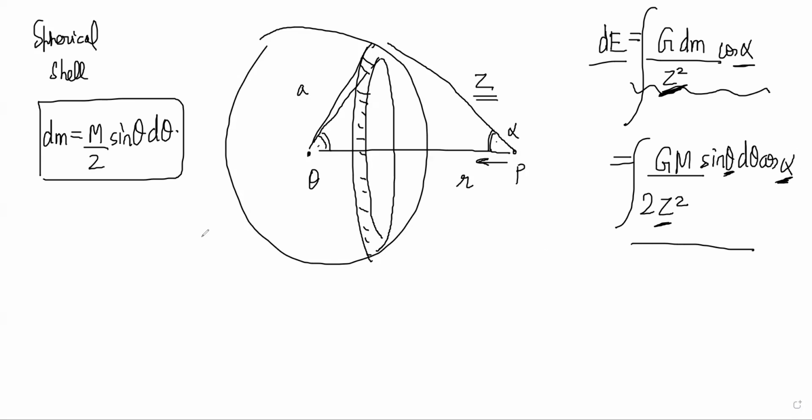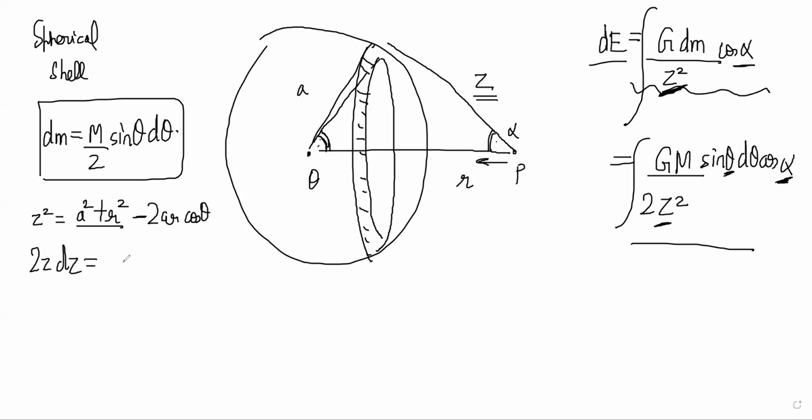Just like in the previous case, he applies the cosine rule for this theta and gets z square equals a square plus r square minus 2ar cos theta. Differentiating gives 2z dz.